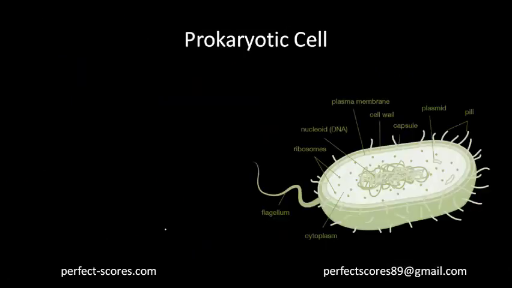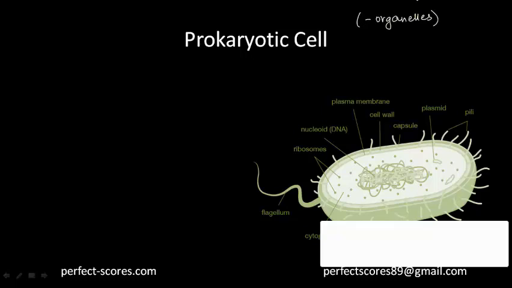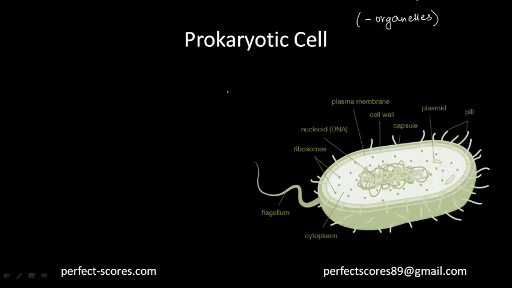So the next important thing that we need to do is what is a prokaryotic cell. Now I hope you remember what we did about the prokaryotic cell. It has ribosomes, which are there in prokaryotes and eukaryotes both, but it does not have the organelles. Those organelles are absent from a prokaryotic cell. So where are these prokaryotic cells actually found?